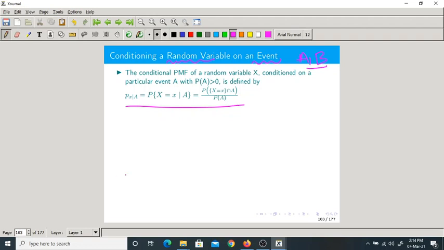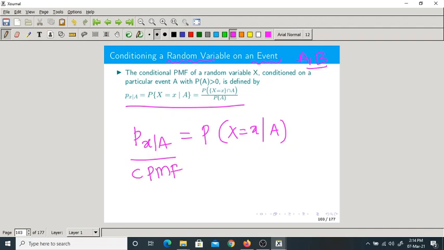Now, P of x given A, which means the probability that capital X equals small x given that A. It's a conditional PMF. What is this? Conditional PMF.